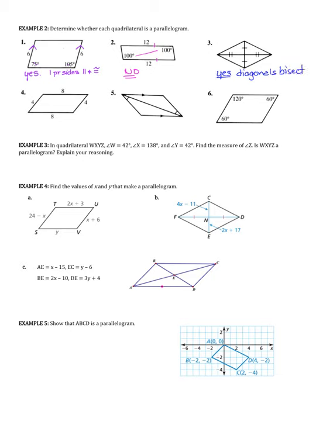All right, this next one is a yes, because we have two pairs of opposite sides congruent, so opposite sides plural. And on number 5, we've got odd. So you see one set of parallel, but notice you have the alternate interior angles over here, which means this is parallel to this. So yes, by definition, because opposite sides are parallel.